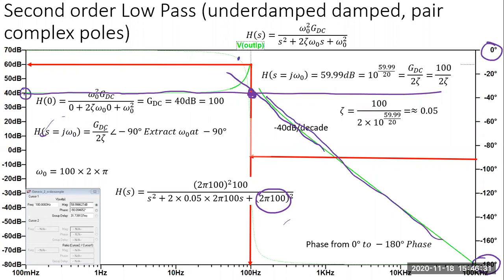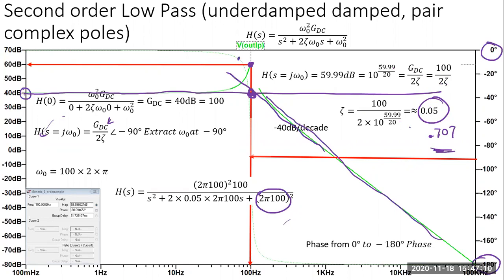And when we do that, we get our same thing, gain DC divided by 2 damping ratio at a phase of minus 90, right? So I read this point off, 60 dB. Now, if I said 59.99, then I was using the cursor, right? I convert that and I'm getting 100 divided by 2 damping ratio, solve for that, and I get 0.05, which is certainly less than 1, right? Our Butterworth second order anyway was 0.707.